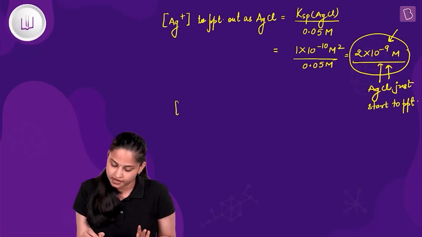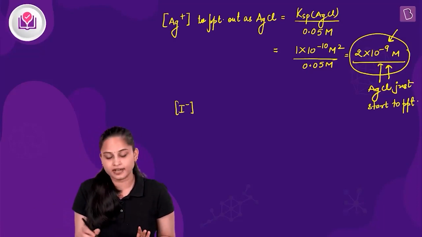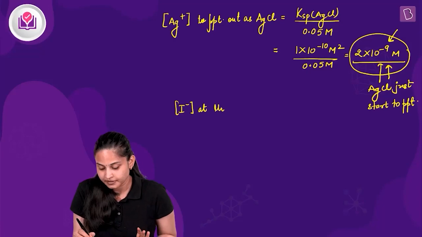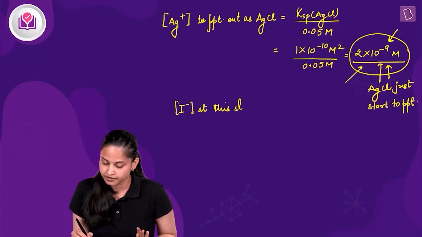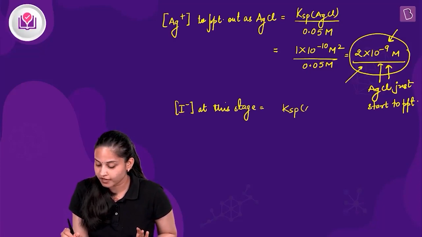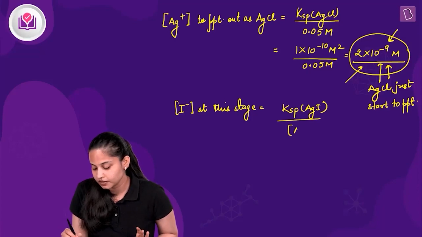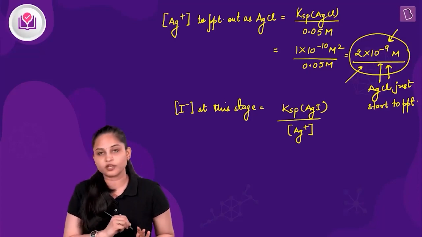Which means the concentration of iodide ion at this stage will be equal to Ksp of AgI divided by the Ag⁺ concentration.